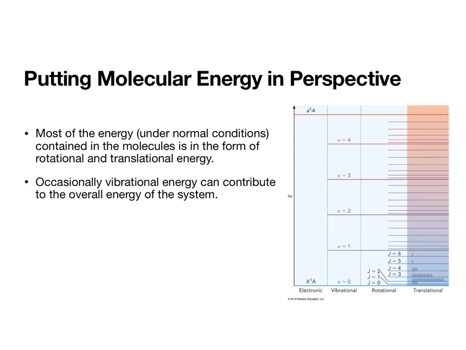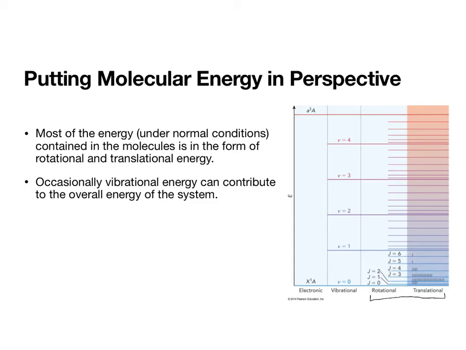Okay, so let's get this into perspective. We've really got to make sure that we're understanding the potential molecular energies that any molecule in a sample could have in perspective with the temperature. Most of the energy under normal conditions is in the form of rotational and translational energies.